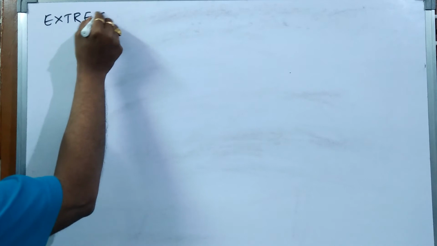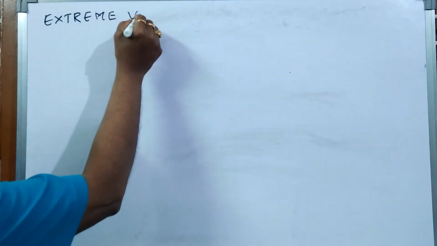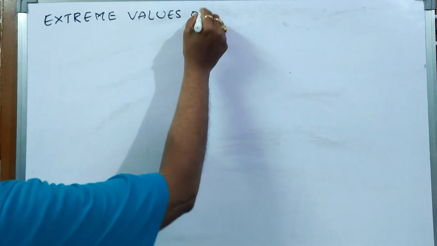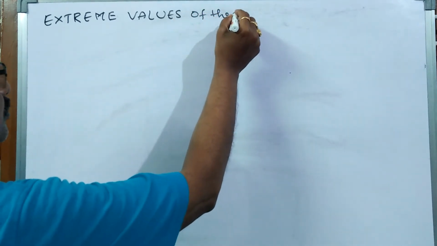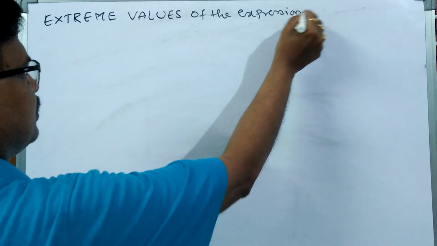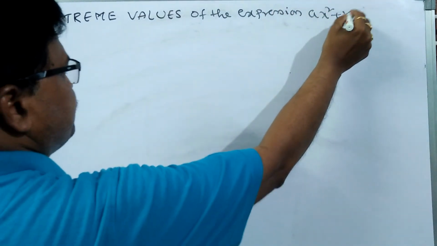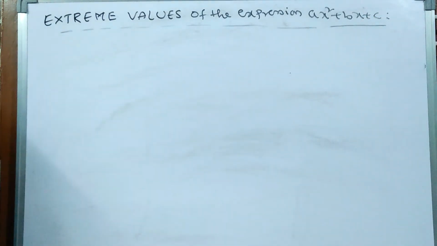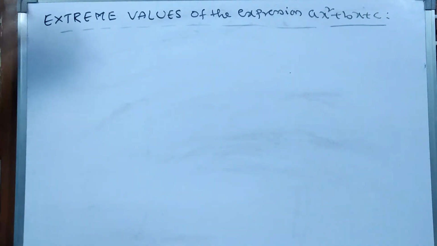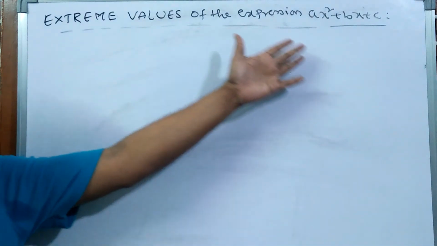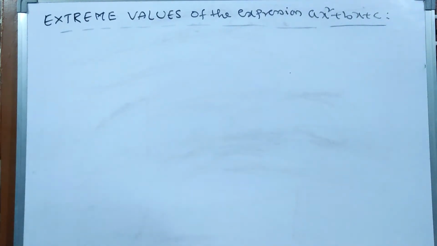Extreme values of the expression ax² + bx + c. You can say extreme values, or you can say maximum and minimum values of the expression ax² + bx + c.